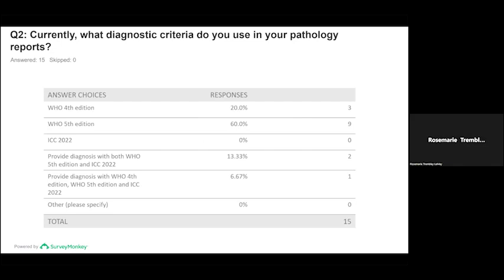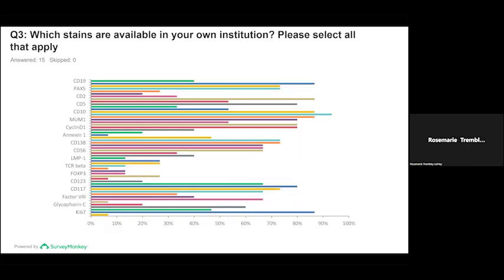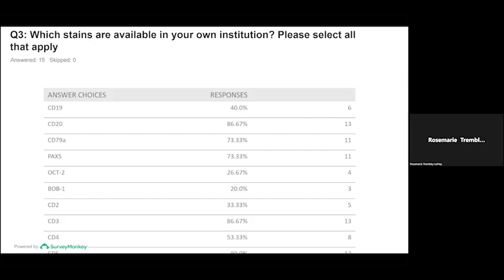The other question, we'll just look at more broadly. It was to get a sense of how many stains are available to people as they practice. The thing to derive from this is, again, a huge variability in what people have access to when they are working up those hematopathology cases. Finally, we kept it simple and just asked about molecular.